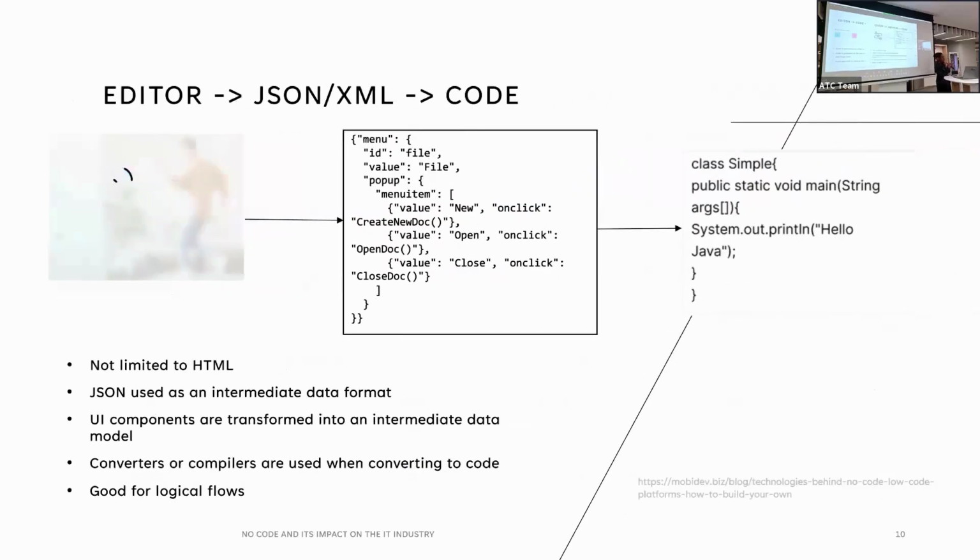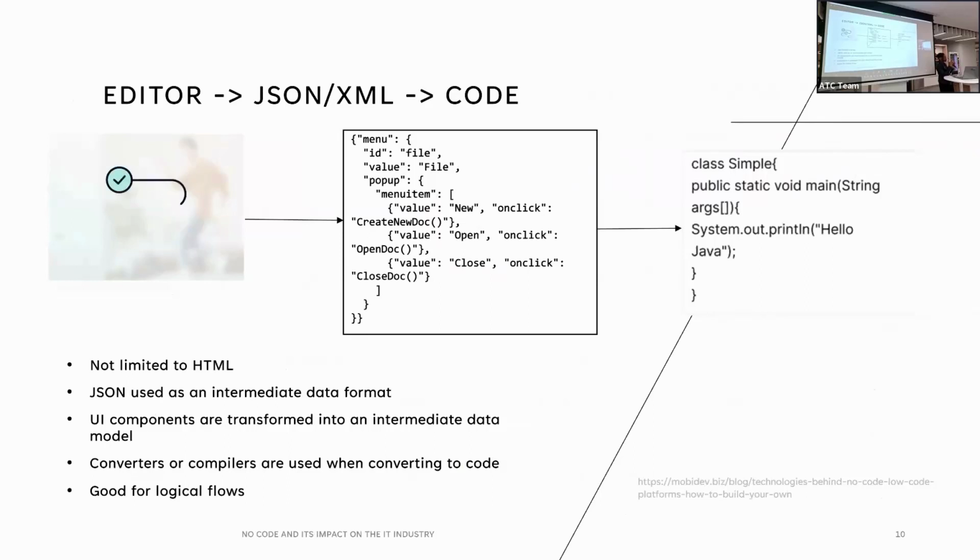The next one is from editor to JSON or XML to code. It is not only limited to HTML, it can be any executable. And it's also good for logical workflows for automating business processes. So here, as before, you can drag and drop components down in the user interface.